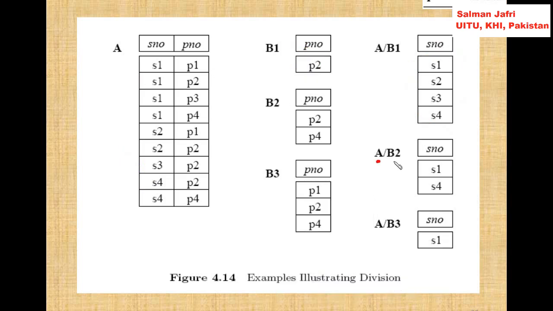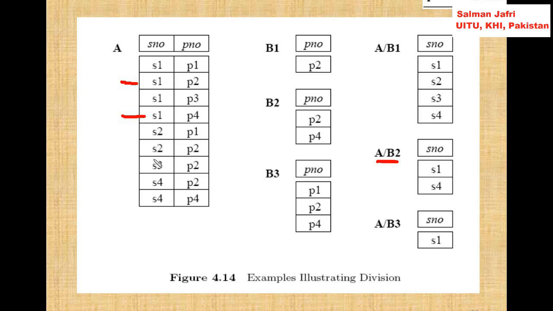Now let's look at A divided by B2. Now B2 contains P2 and P4. So we look for sailor number entries that are appearing with P2 and P4. So first is S1. Why? S1 is appearing with P2 and S1 is also appearing with P4. So this is one entry.